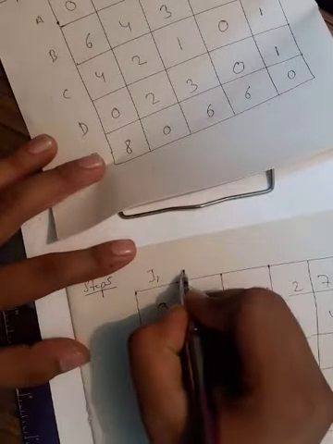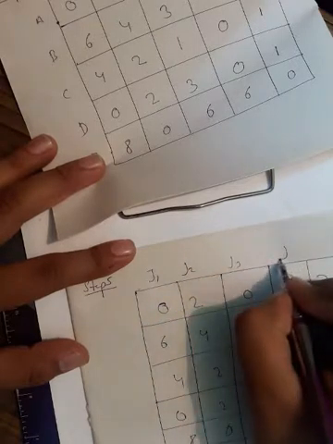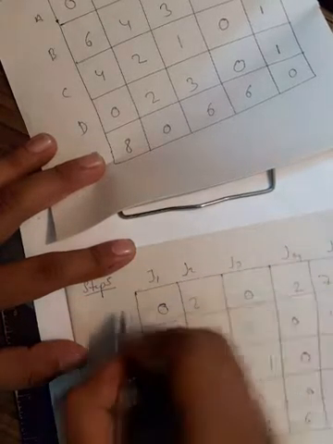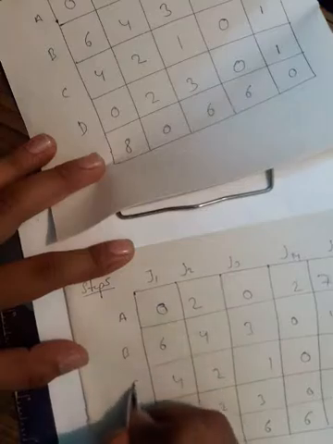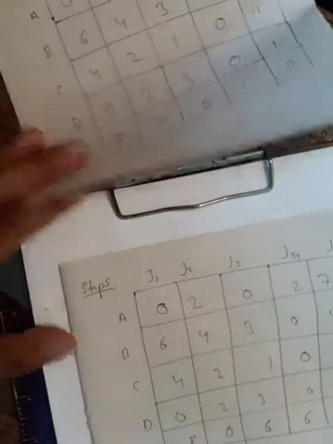Here it is your J1, J2, J3, J4, J5. Here it is your A, B, C, D and E.